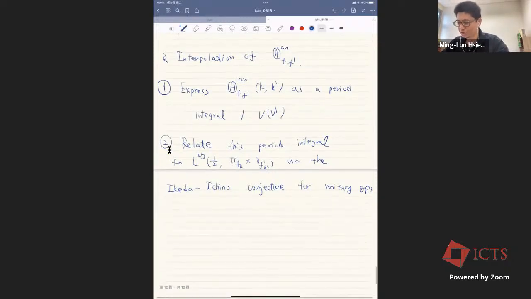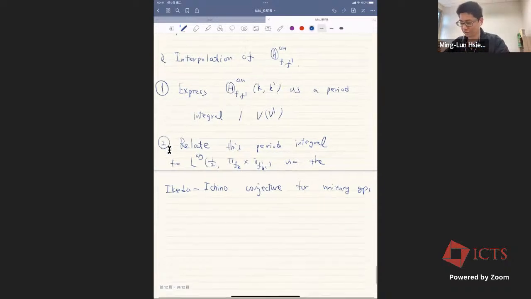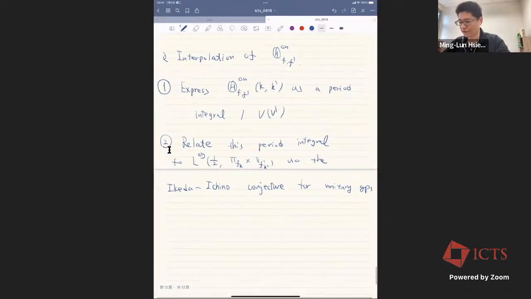So now it's not a conjecture, it's a theorem, proved by followed by many people's work now. So we can use this theorem to relate a period integral to central L values.